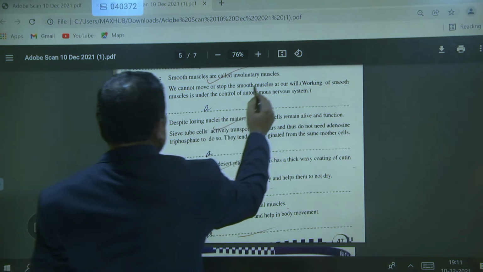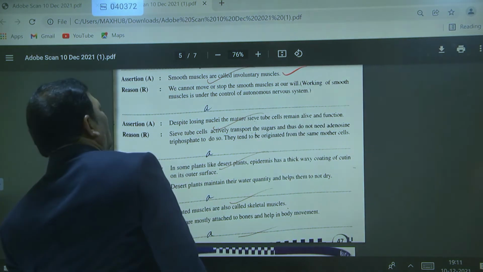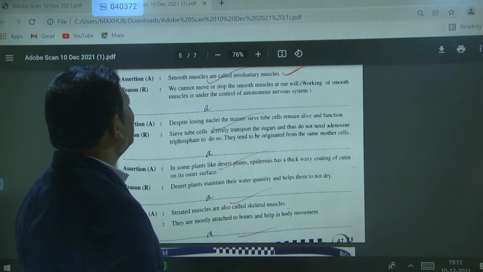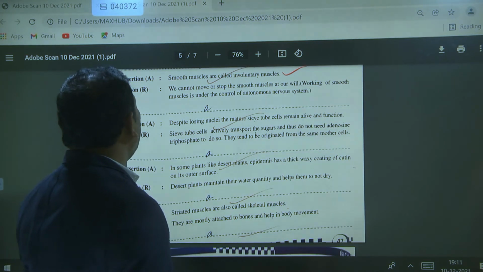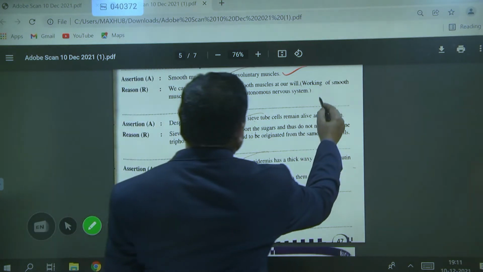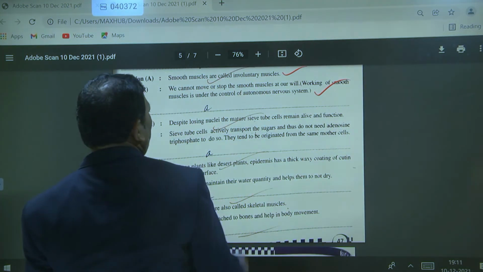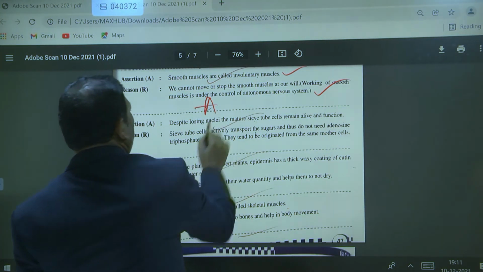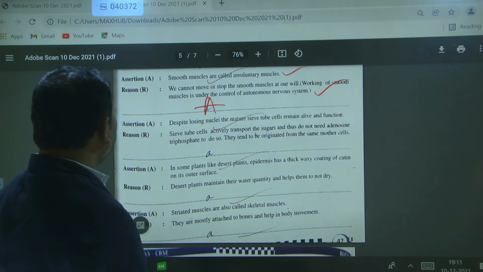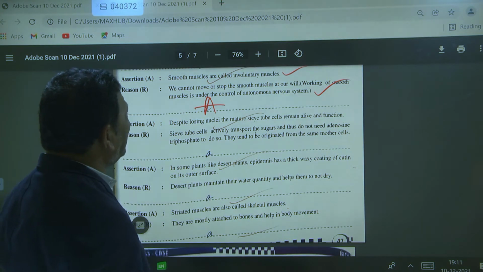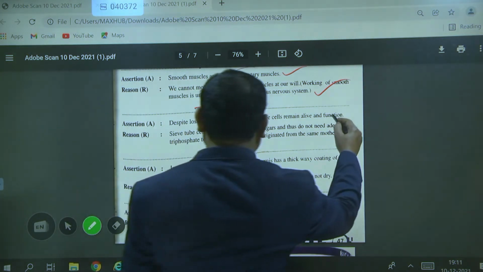True, we cannot move or stop smooth muscles at our will. The working of smooth muscles is under the control of the autonomic nervous system. Despite losing nuclei, mature sieve tube cells remain alive and function.